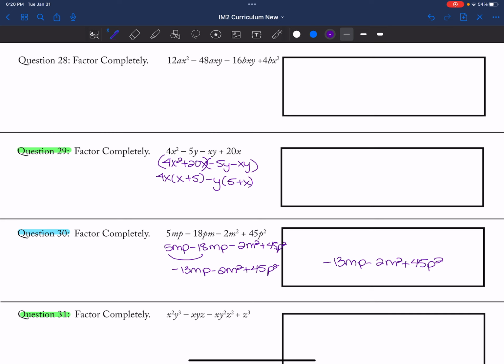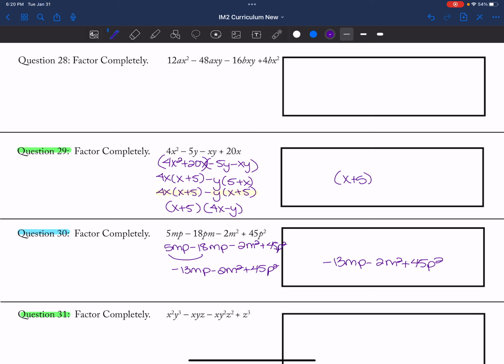Oh, look, that works. The reason why it works is because addition is commutative, so I can go x plus 5 minus y, and my 5 plus x is also x plus 5. So what's in common between my two terms here is x plus 5. So I can factor out an x plus 5, and I'm left with 4x minus y.